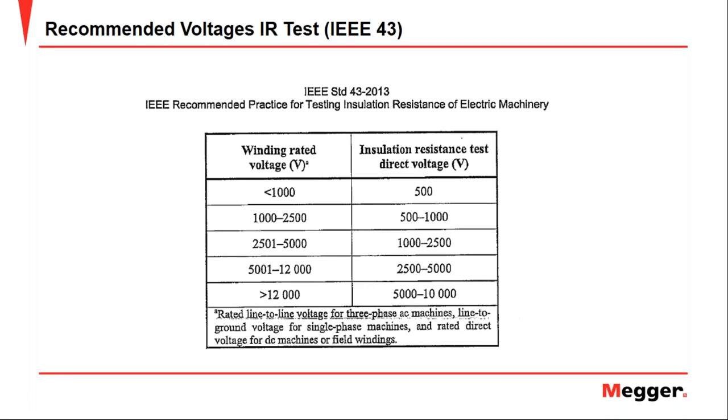So when you measure the leakage current, you are analyzing the condition of the insulation and/or the contamination in the motor. That is why it's very important to focus only on that current, because it delivers information about the insulation condition and probably the contamination condition in the motor.